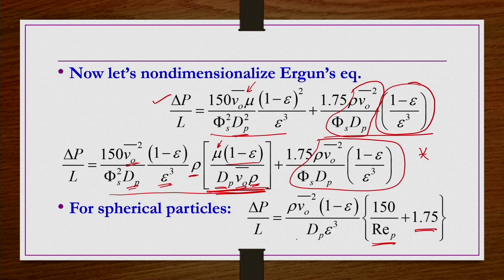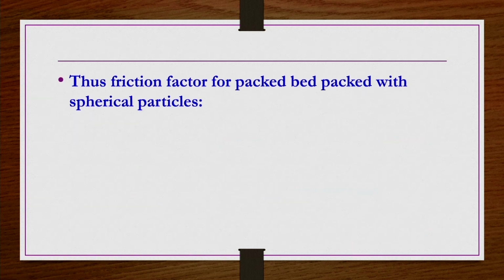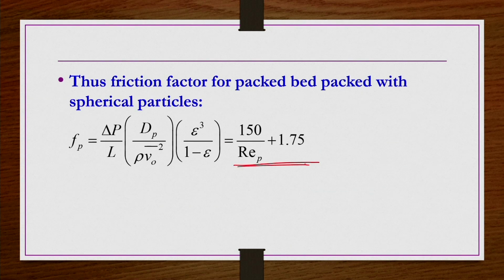So, now what we do, we take this particular term that we have taken common to the left hand side and combine it with the pressure drop term to see what we will get. Right hand side we are having only 150 by Rep plus 1.75, and the factor multiplication term that was there, we have taken to the left hand side and combined with the already existing delta P by L. So, if you see the friction factor derivation that we just derived, delta P by L multiplied by dP by rho V naught bar square multiplied by epsilon cube by 1 minus epsilon is nothing but friction factor.